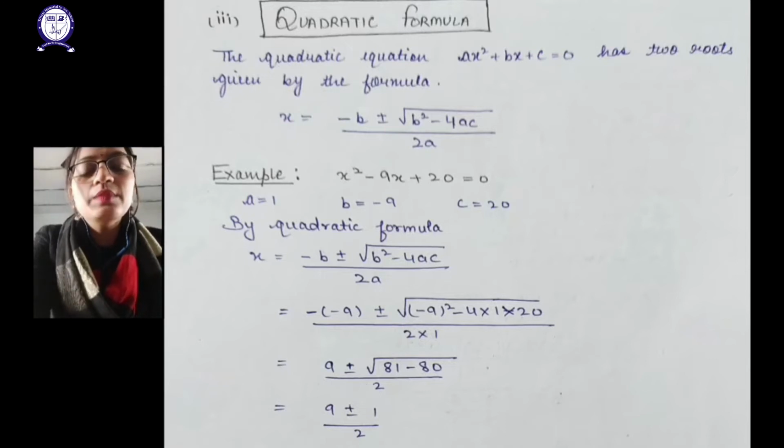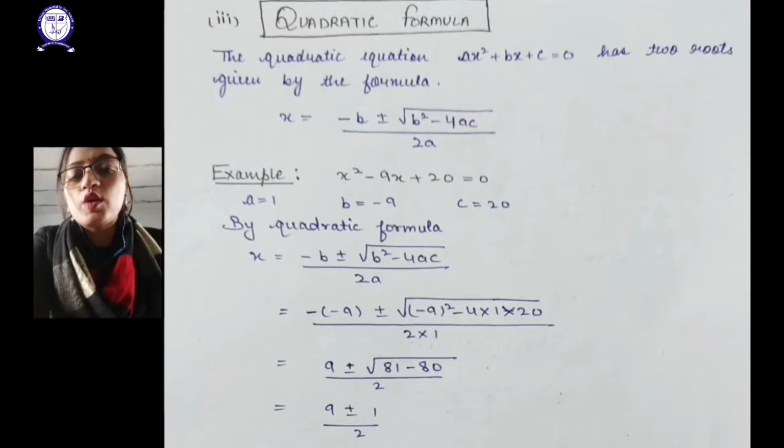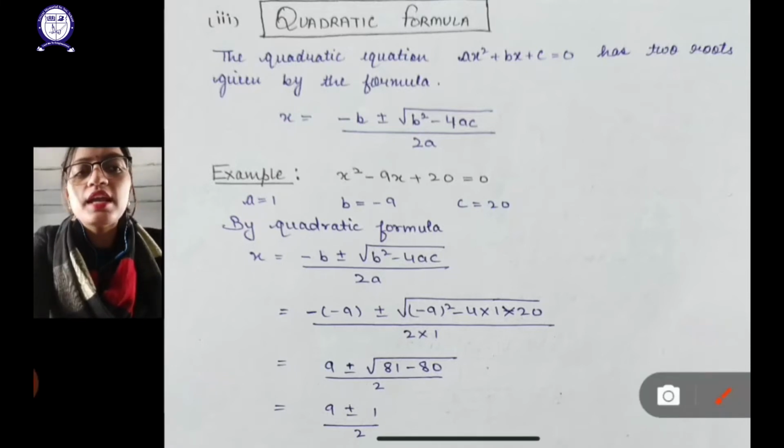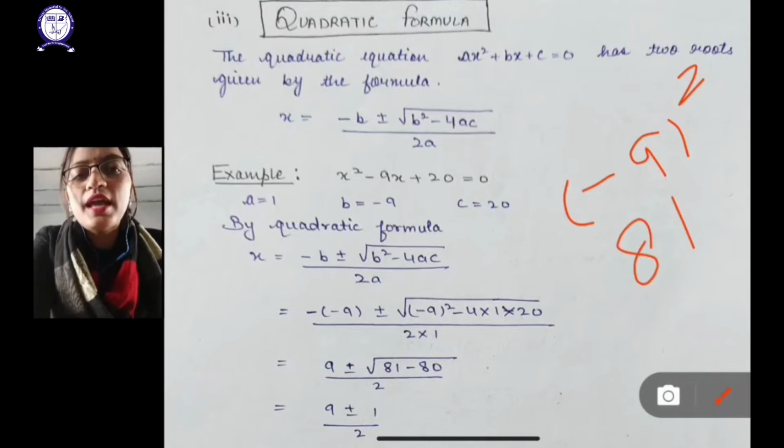So plus 9 plus minus under root minus 9 square. Always remember that whenever we take the square of a minus, it becomes positive. So minus 9 square will become 81. 9 square is 81 and minus into minus becomes positive.